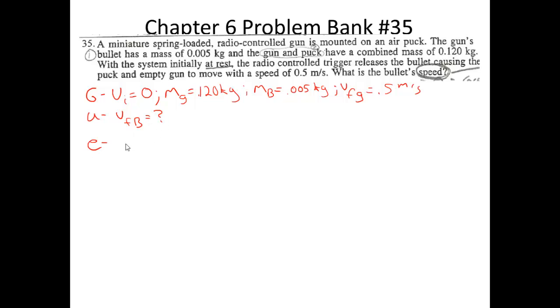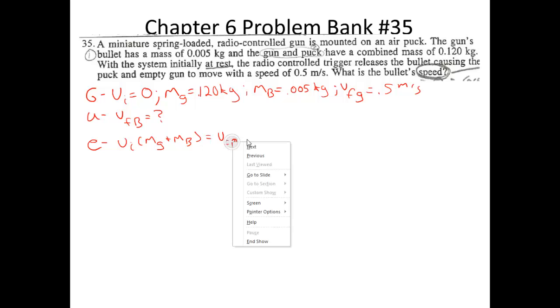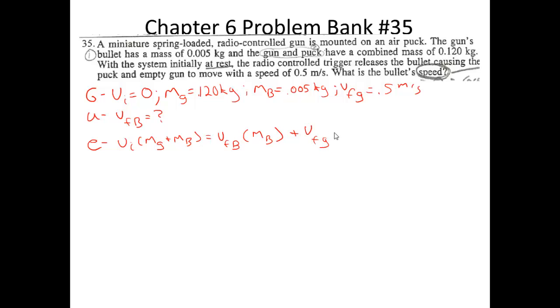Our equation will be our initial momentum is equal to the final momentum of the bullet, which would be the final velocity of the bullet multiplied by the mass of the bullet, plus the final velocity of the gun and puck times the mass of the gun and puck.